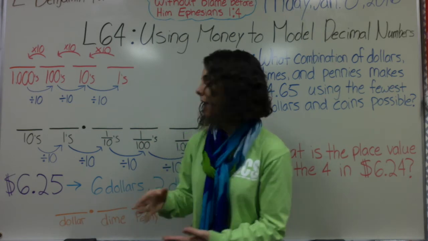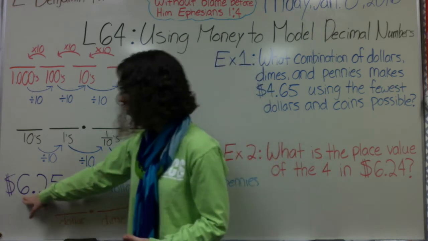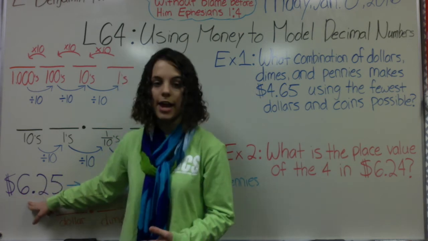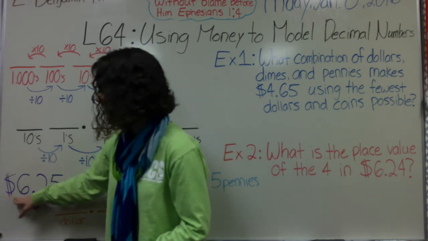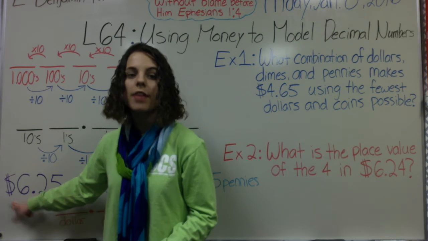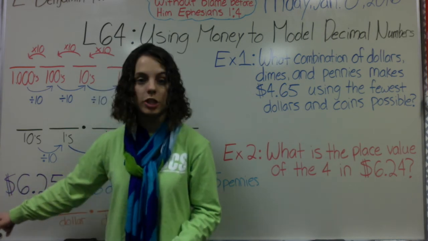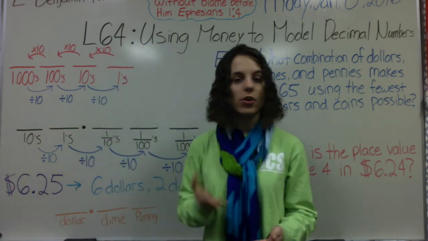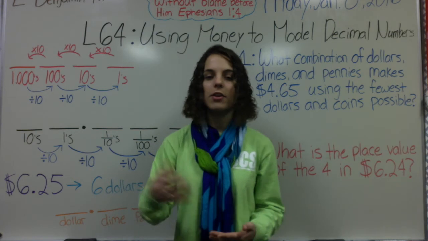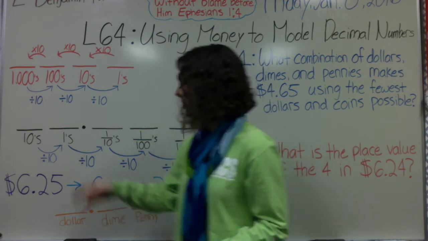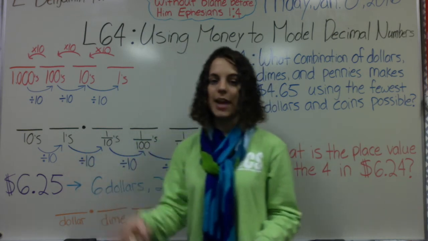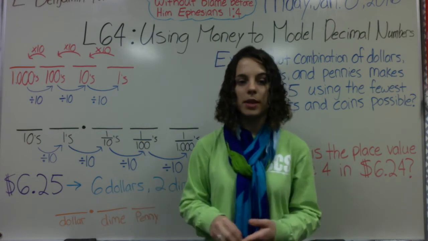I'm going to look at it with place values as far as this is my $1 bills, how many $1 bills I have. If I were to move to the next place value, it would be how many $10 bills I have. Then the next place value would be how many $100 bills I have. So we're going to ignore the $5 bills, $20 bills, $50 bills, and we're sticking with the ones, tens, and hundreds so that we're familiar with our place value.